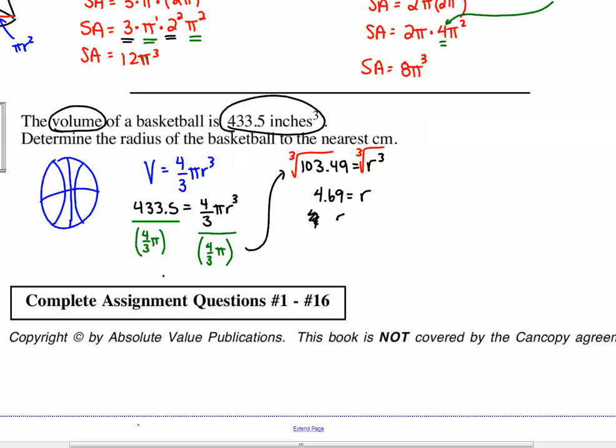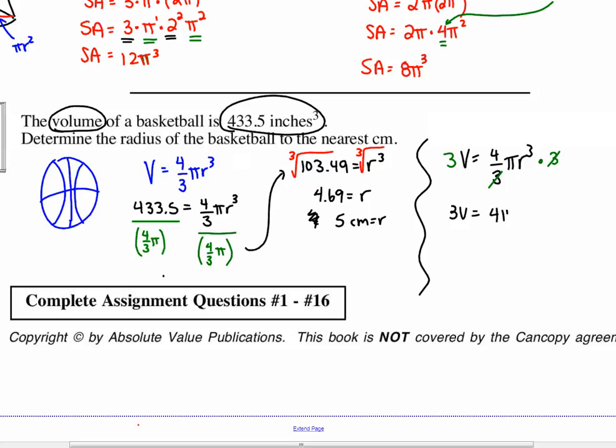Okay, really quickly, if I wanted to isolate r first and then sub it in, what I would want to do is get rid of the 3 first. It's being divided by 3, so I'm going to multiply both sides by 3 first. Now you have 3V equals 4 pi r cubed.